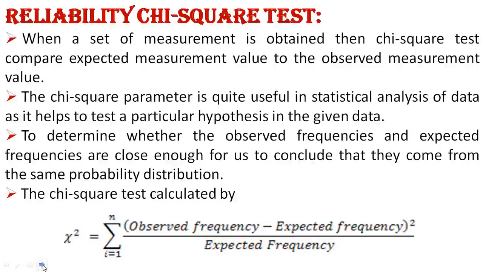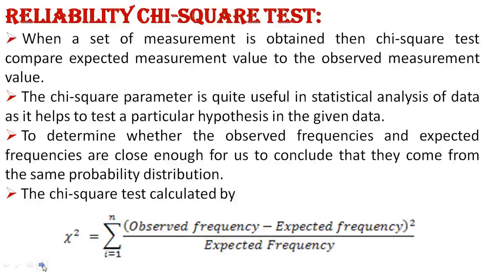It is also used to determine whether the observed frequency and expected frequency are close enough for us to conclude that they come from the same probability distribution, like the normal distribution.